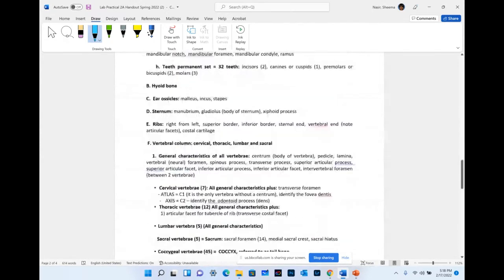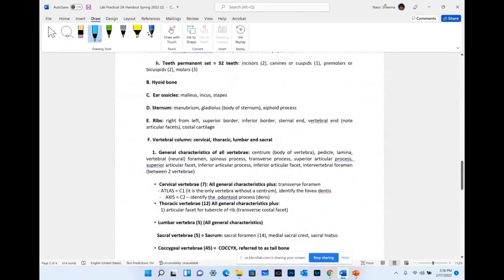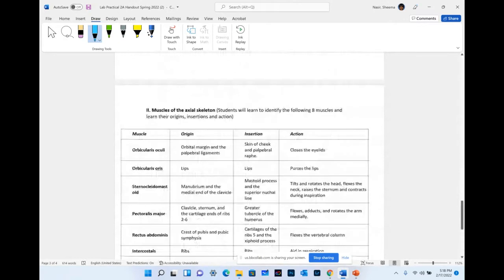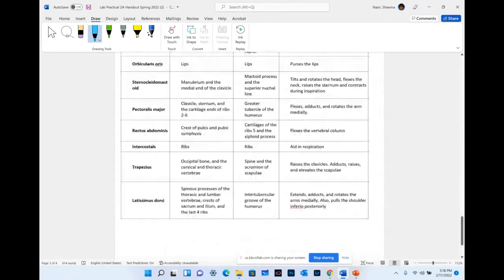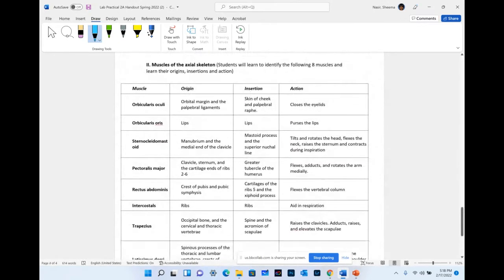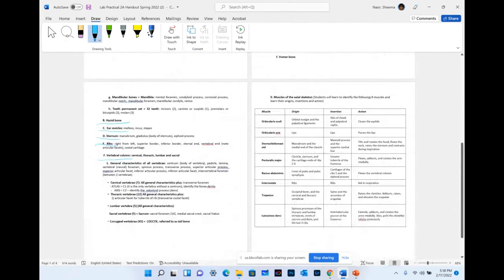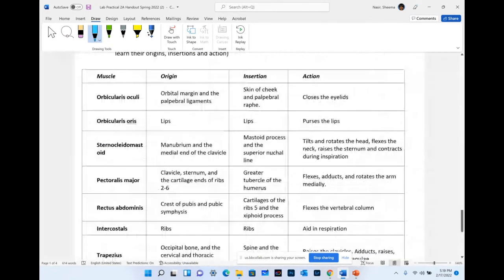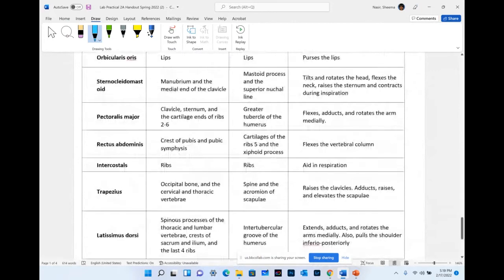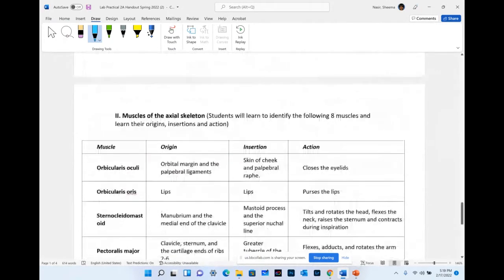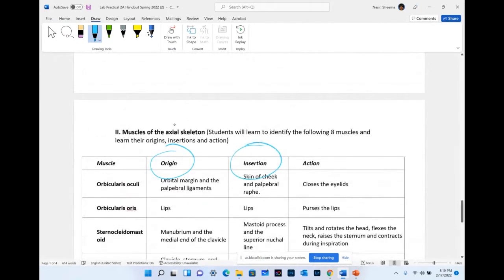Now besides skull, your axial skeleton also has hyoid bone, ear ossicle, sternum, ribs, and the vertebrae. And that takes care of the axial skeleton. And then there are muscles, which we are going to be doing as well. All of these muscles, their origin, their insertion, and their action.